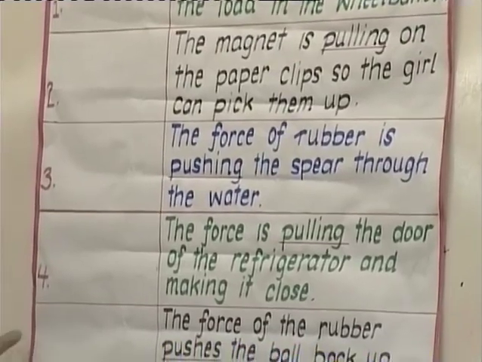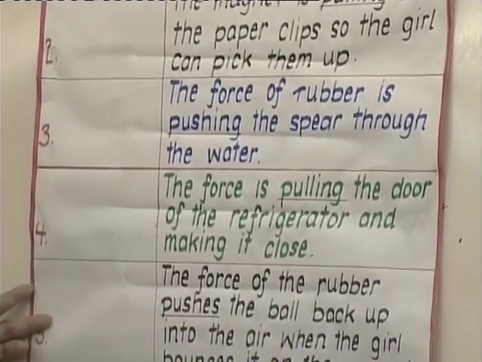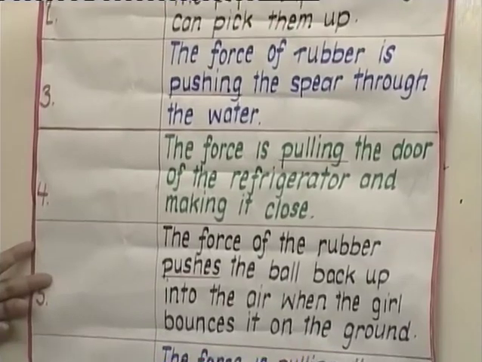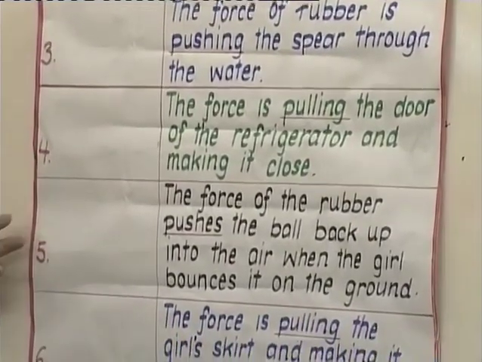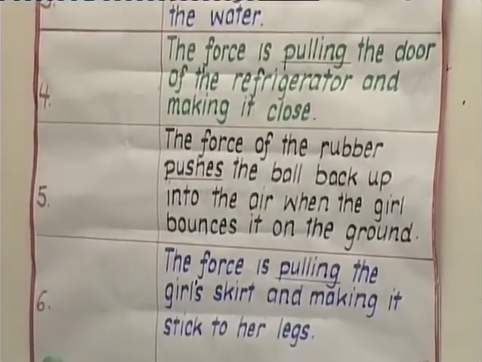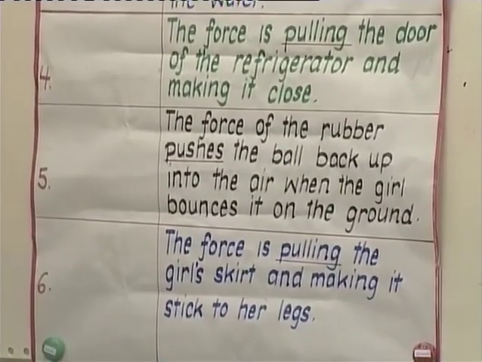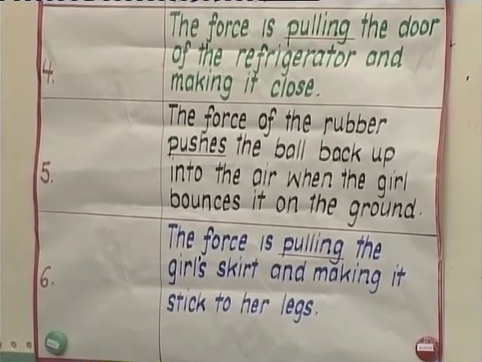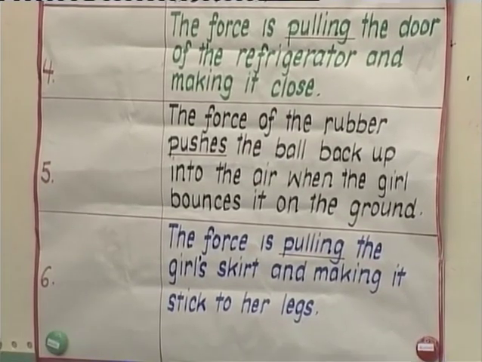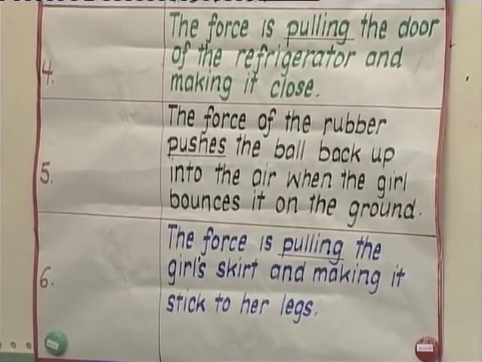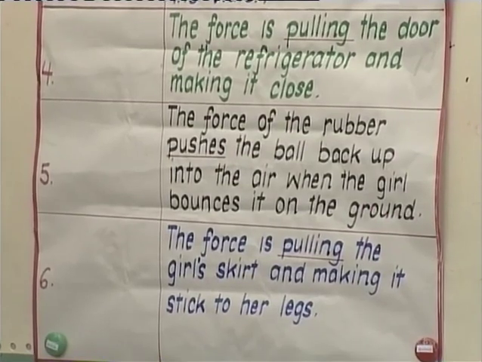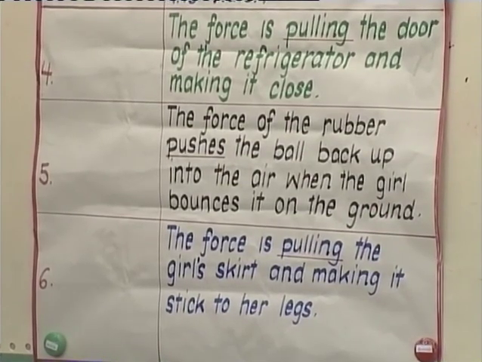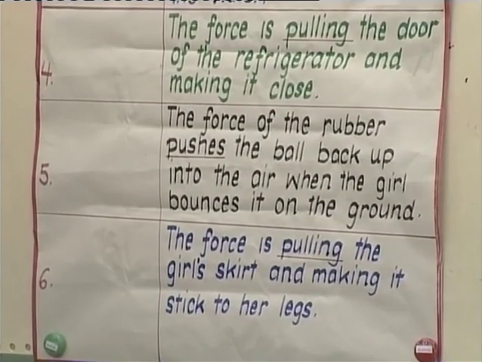Number four, the force is pulling the door of the refrigerator and making it close. Number five, the force of the rubber pushes the ball back up into the air when the girl bounces it on the ground. And number six, the force is pulling the girl's skirt and making it stick to her legs.